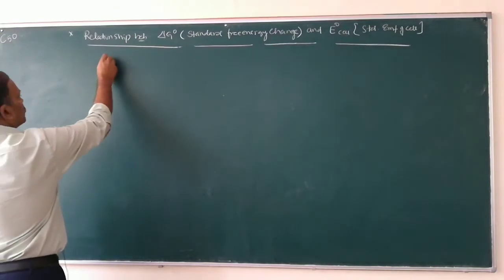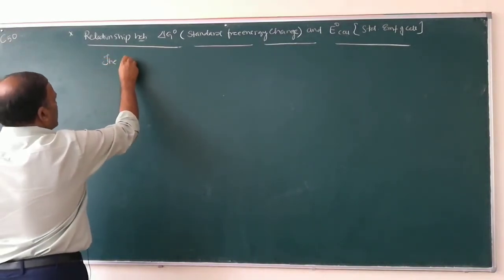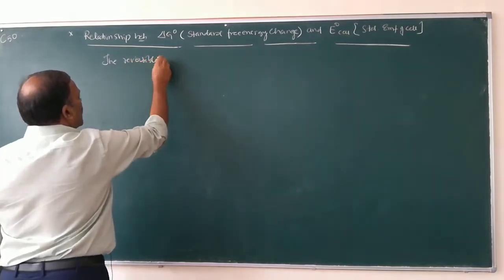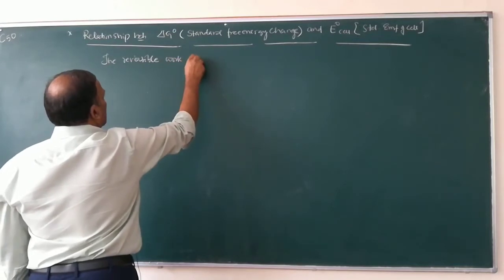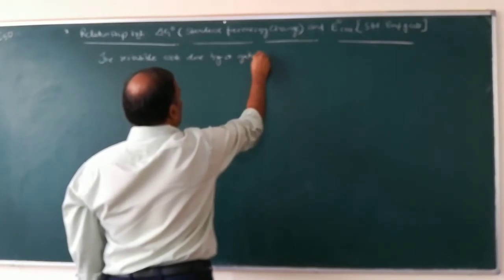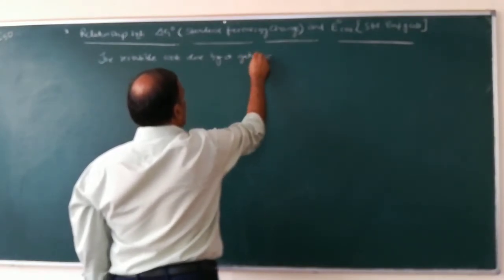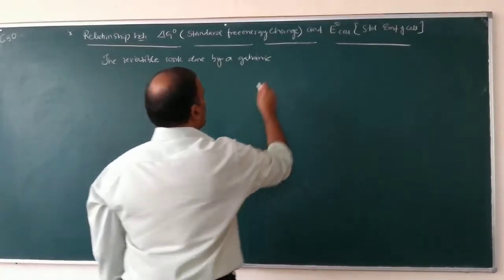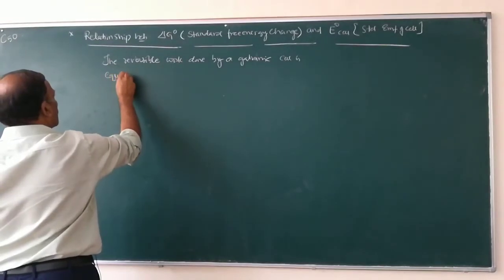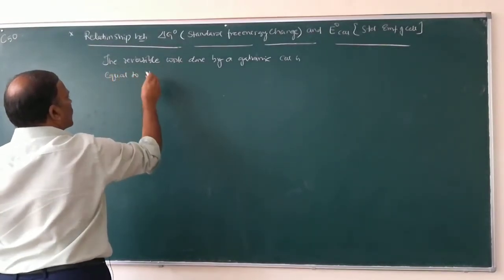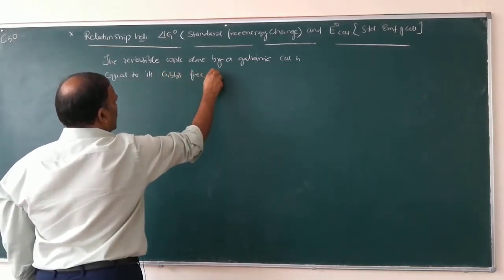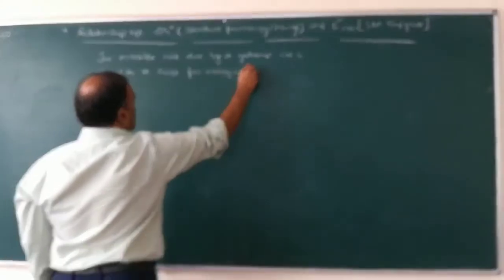So the reversible work done by a galvanic cell is equal to its Gibbs free energy change.